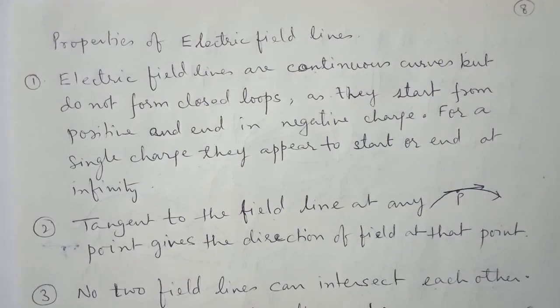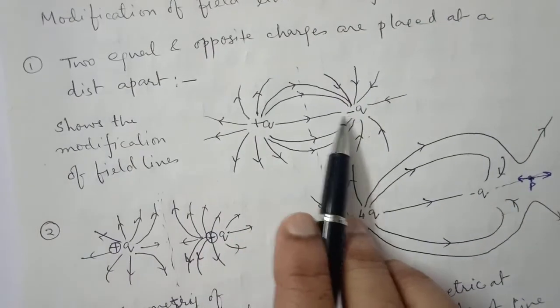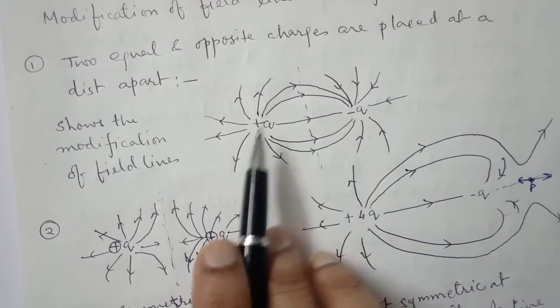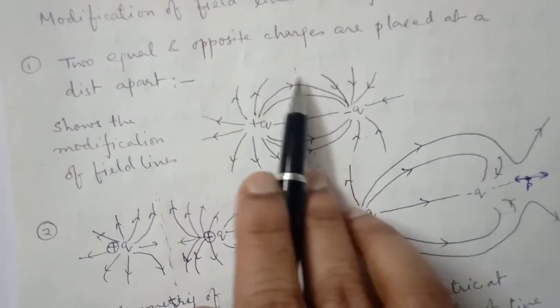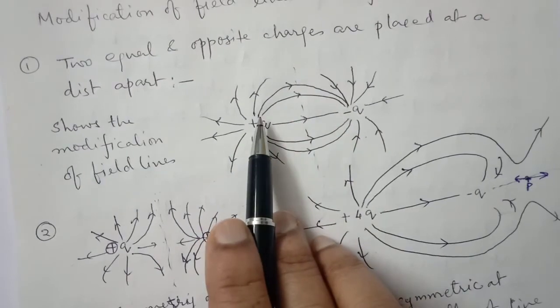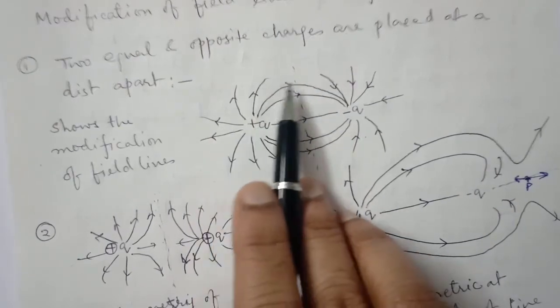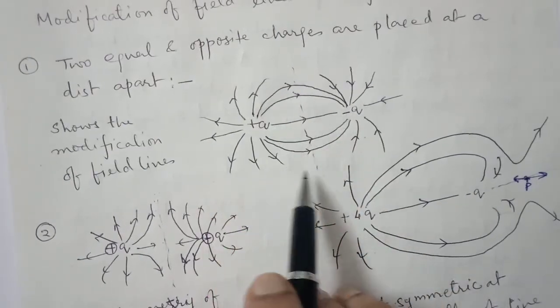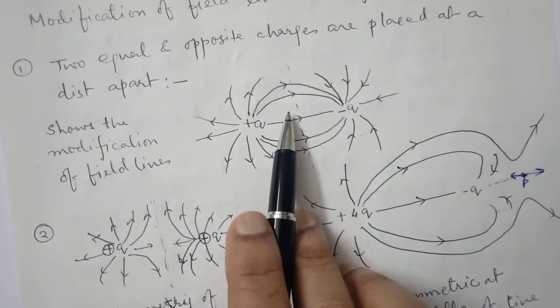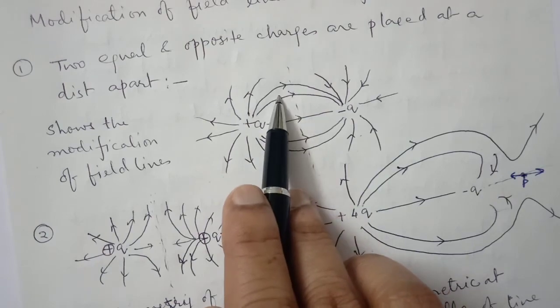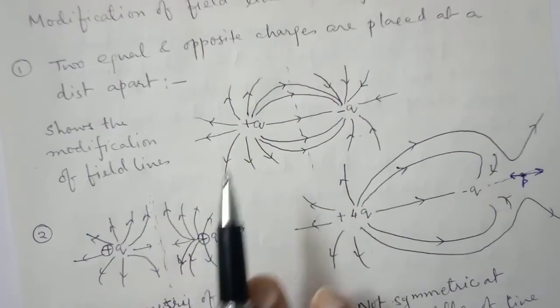Whether I show a system like this where it is a curvature, if you see this particular region, it is continuous. Maybe the direction keeps changing, it is going like this, but the field exists throughout. It does not mean that if I show the lines like this, the field does not exist here or here. It is continuous.